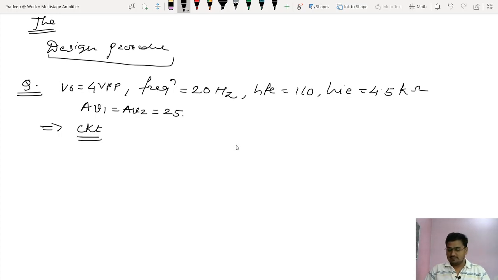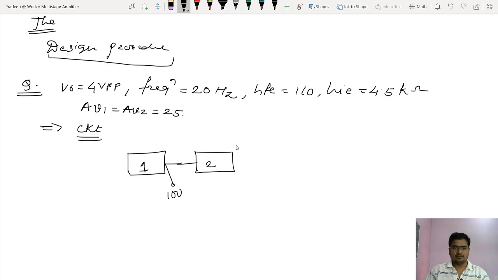Now this method, as I told you, is based on the maximum power transfer theorem. What is that theorem? Look at this. Here I am connecting stage 1, and here I am connecting stage 2. If stage 1 gives us an output voltage of 10 volt, that 10 volt has to be fully applied as input to stage 2.